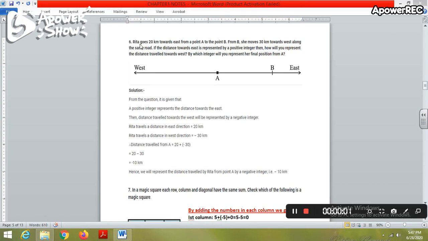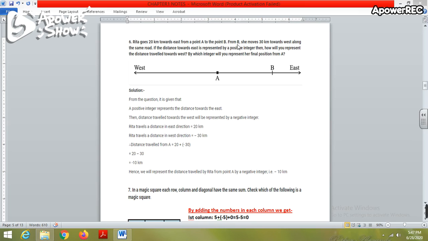Question number 6. Rita goes 20 km towards east from a point A to the point B. So from here Rita goes in the east direction, 20 kilometers, and reaches point B. So the distance between A and B equals 20 kilometers.